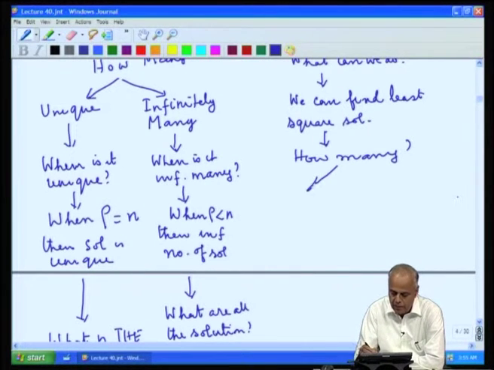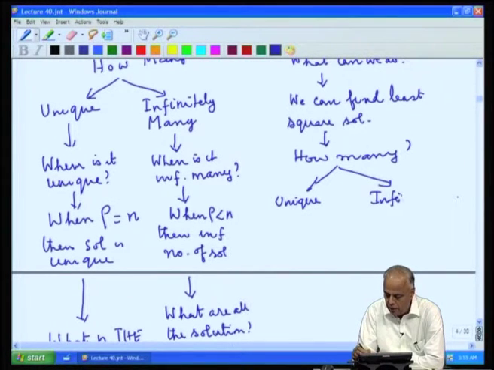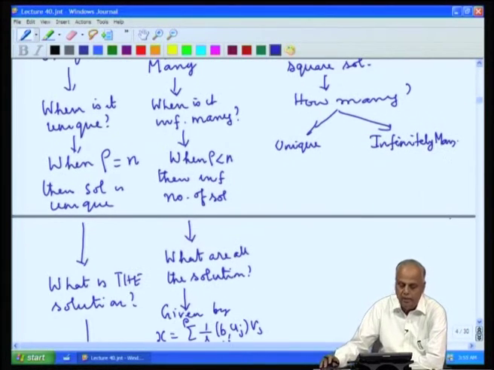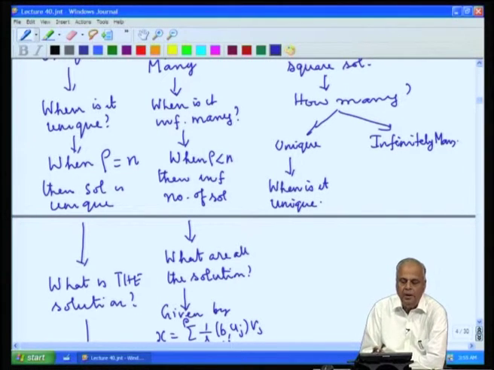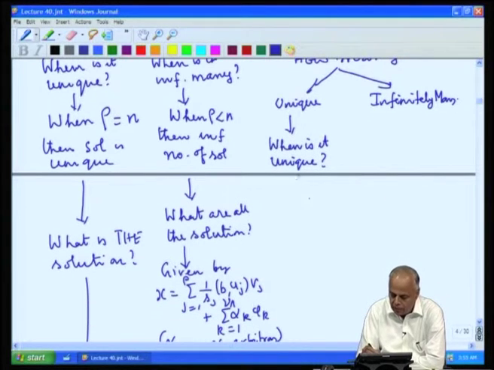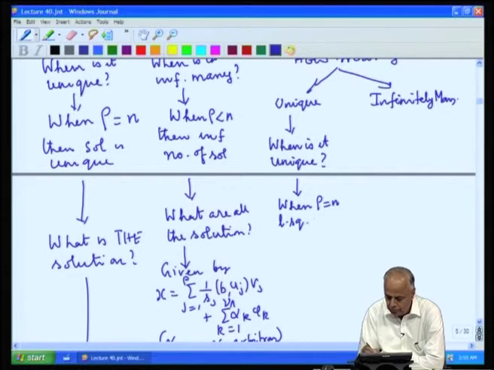Again we had the same situation as before, either unique or infinitely many. Then we ask, when is it unique? Now we know the answer, that we get the unique least square solution when the rank is equal to n. So, when rank is equal to n, least square solution is unique.